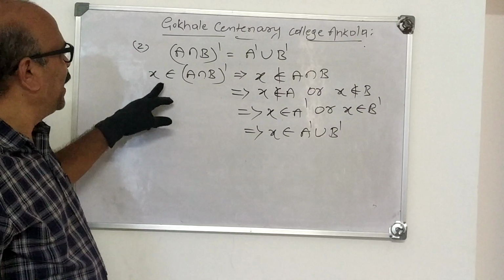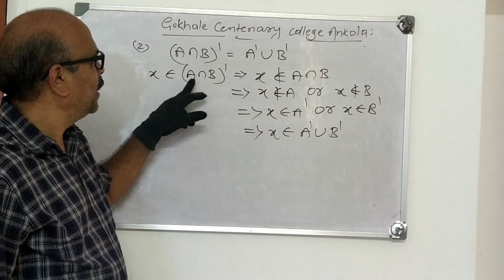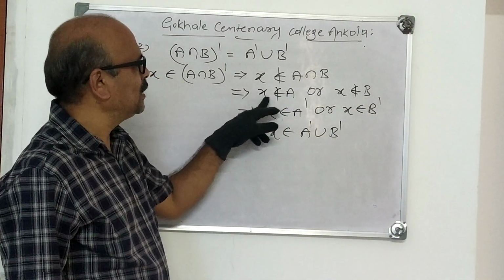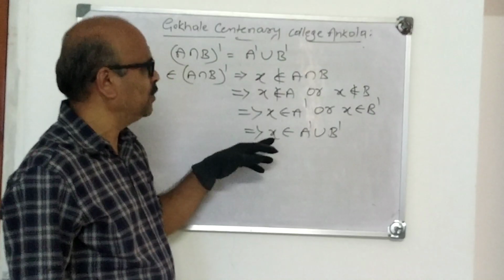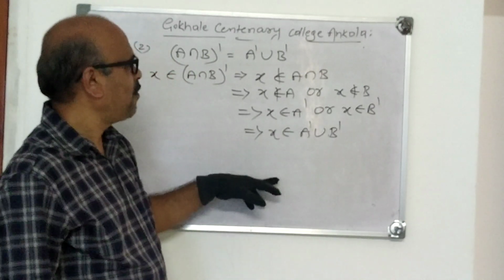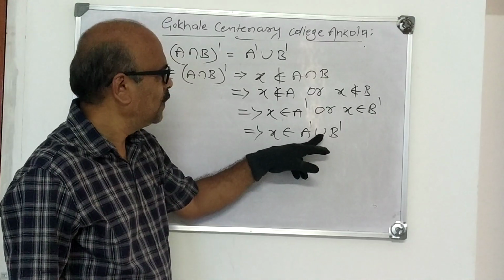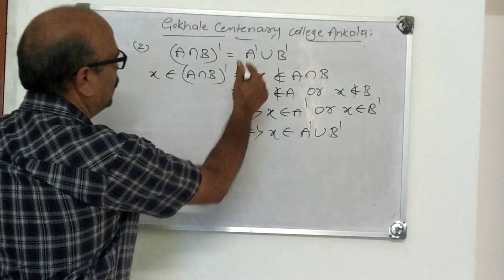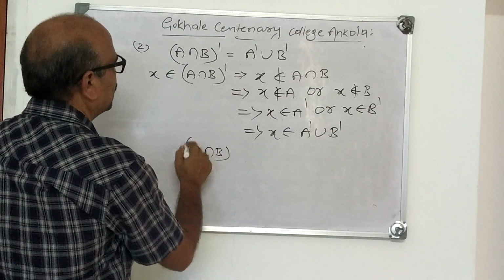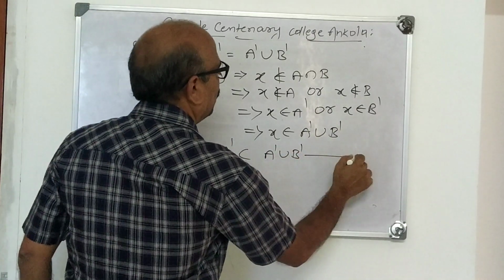Explaining once again: x belongs to A intersection B complement means x doesn't belong to A intersection B. This implies x doesn't belong to A or x doesn't belong to B, so x belongs to A dash or B dash. Now this implies A intersection B complement is contained in A complement union B complement.